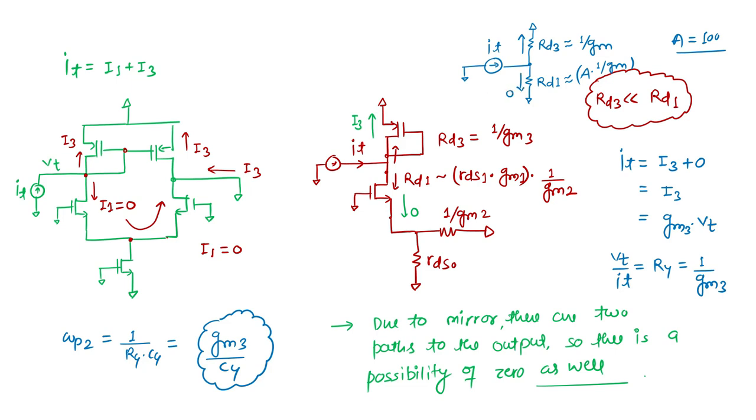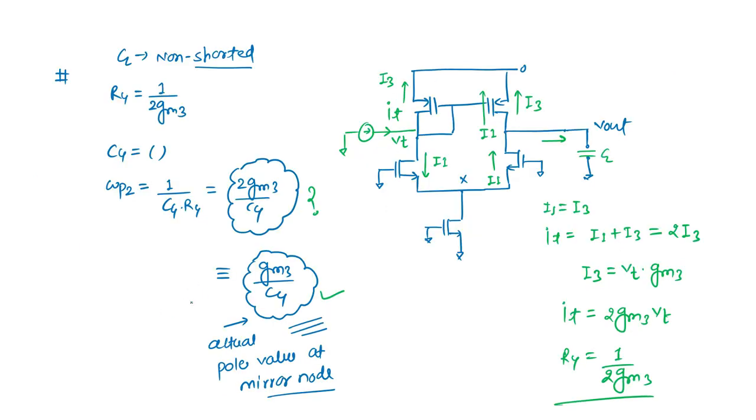This is the only concept I tried to explain here, and from that we can see this is the desired pole frequency at node Y.